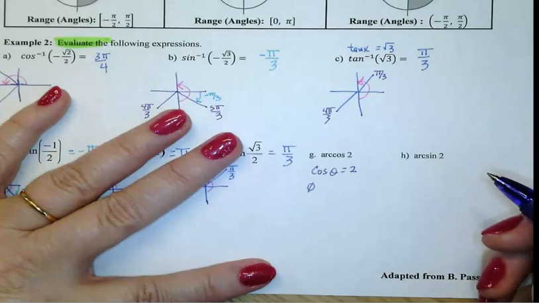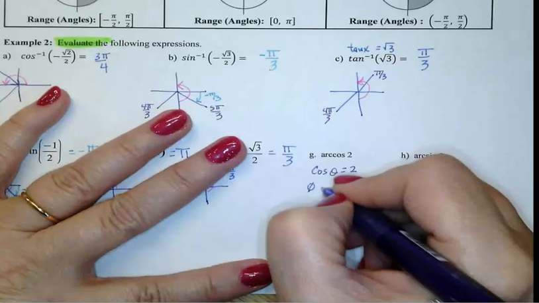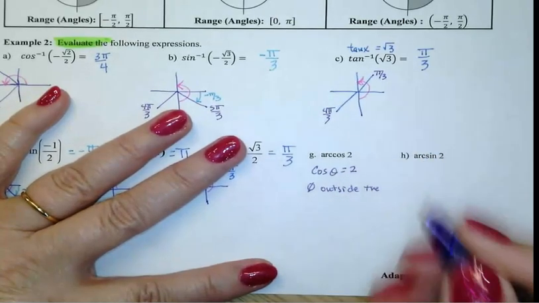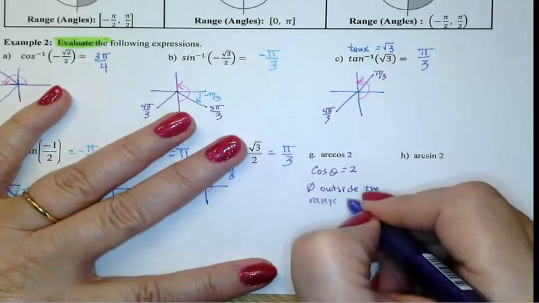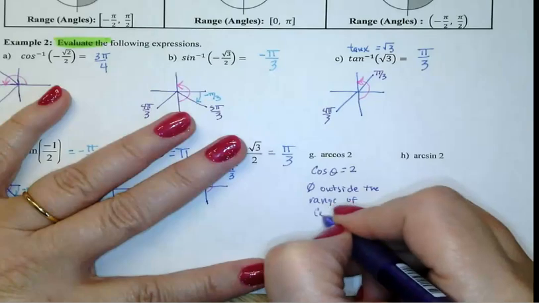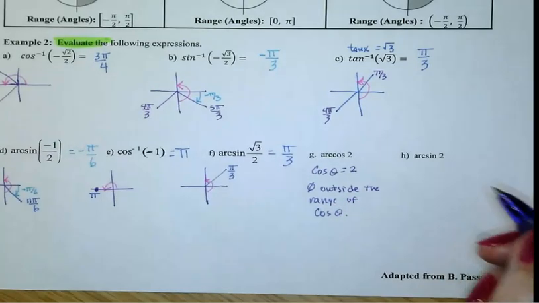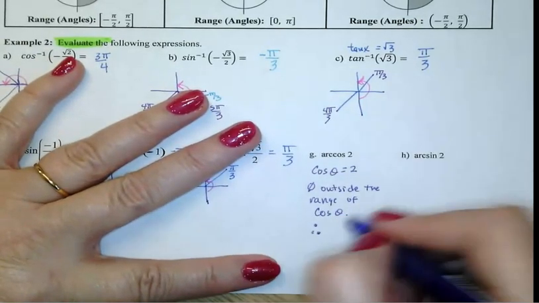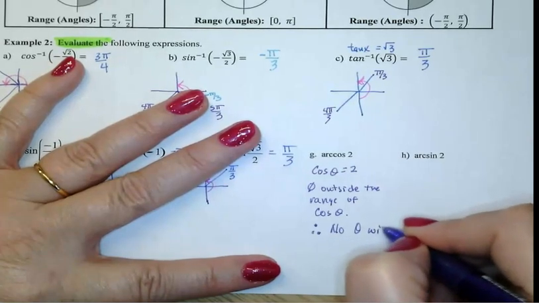There is no value that makes that work because it's outside the range of cosine of theta. What does that mean? That means, therefore, no theta will work.